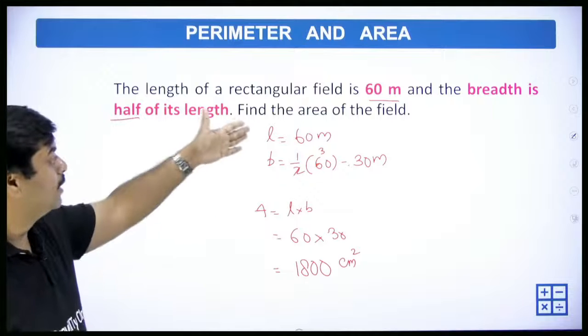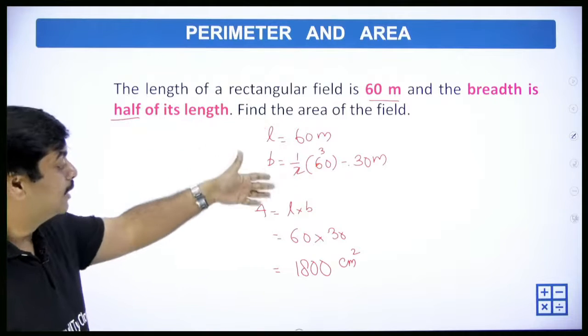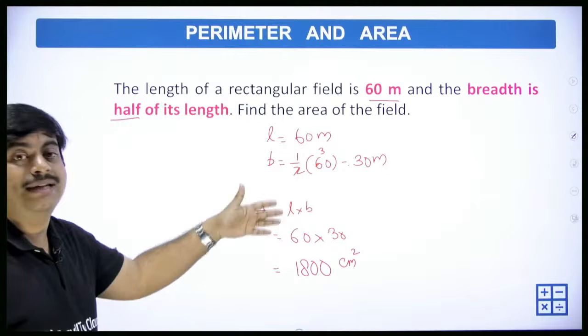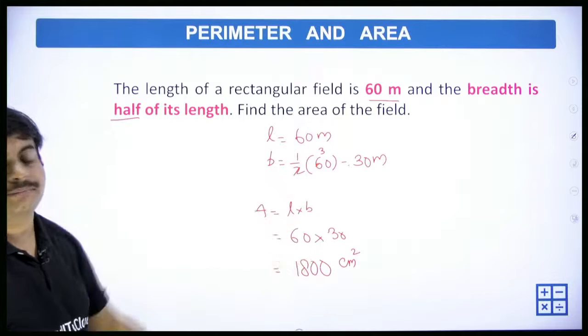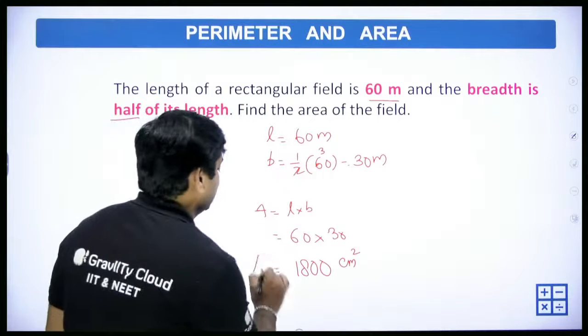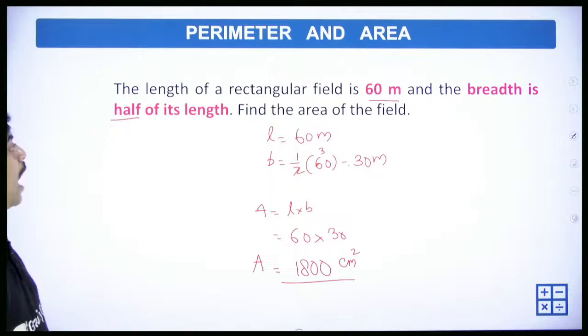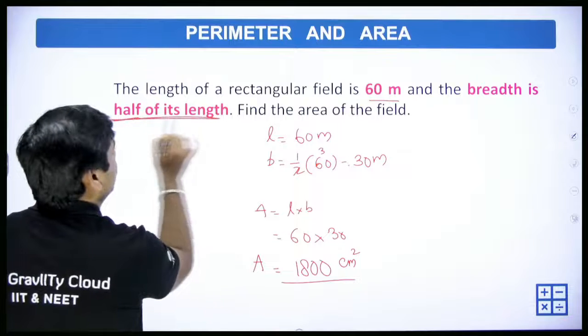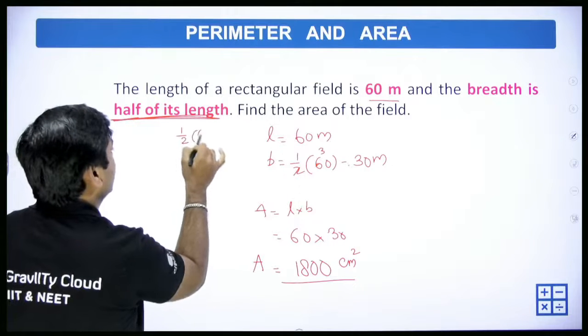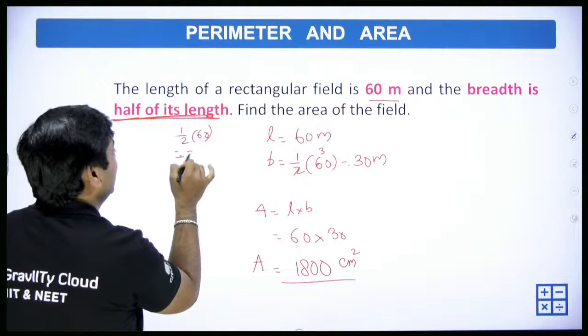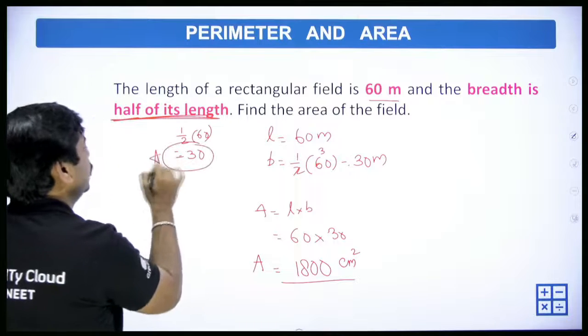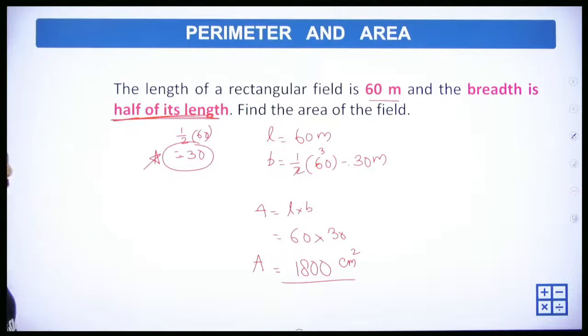So L is equal to 60 meters, B is equal to 30 meters, and A is equal to length into breadth, 60 and 30, which is 1800 meters square. Half of its length, you need to understand this statement: half of the 60 is 30 meters. If this is clear, you can solve the remaining questions. Okay, the next one.